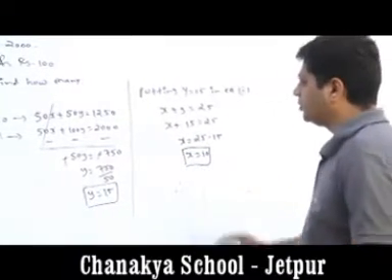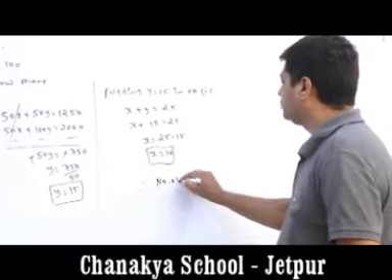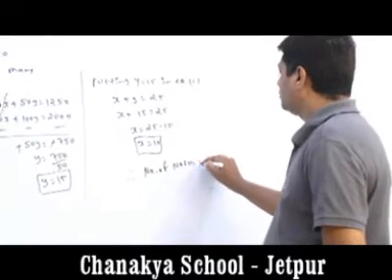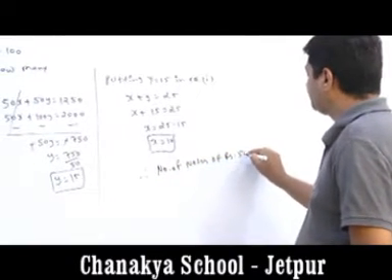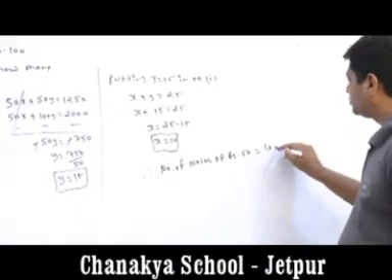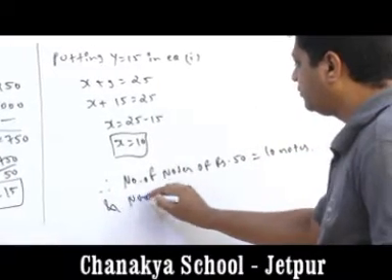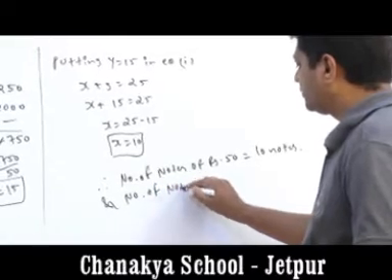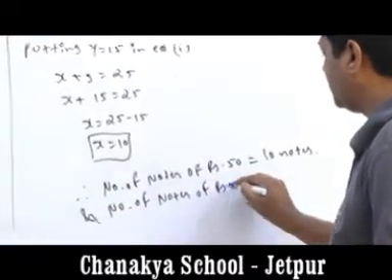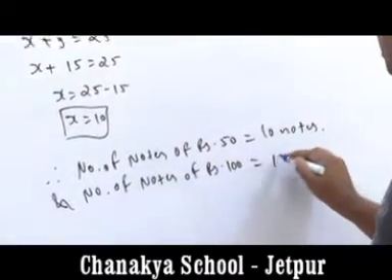Therefore students, number of notes of rupees 50 equal to 10 notes and number of notes of rupees 100 equal to 15 notes.